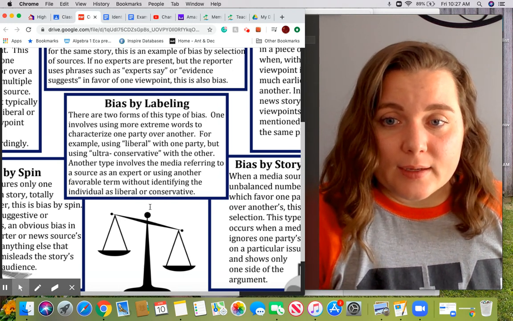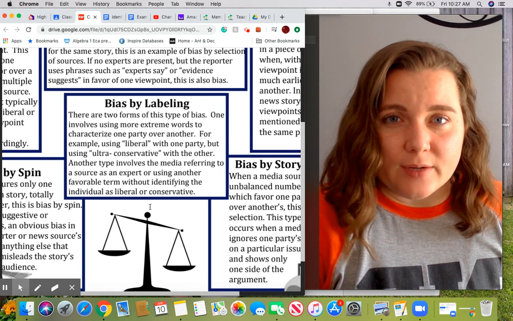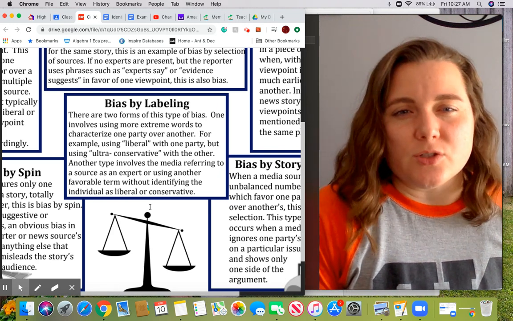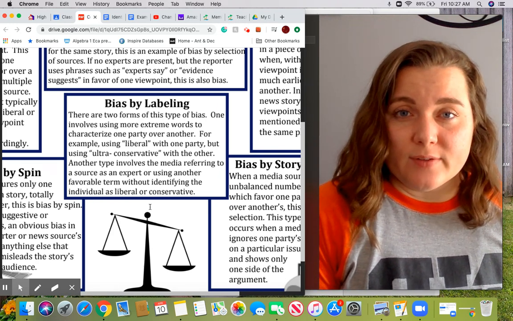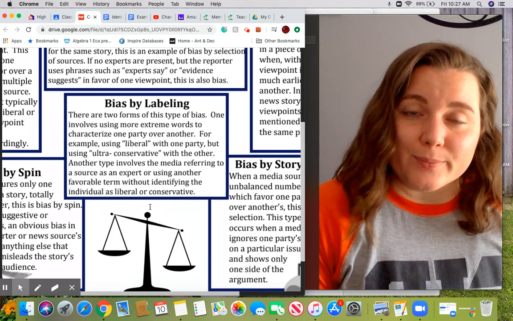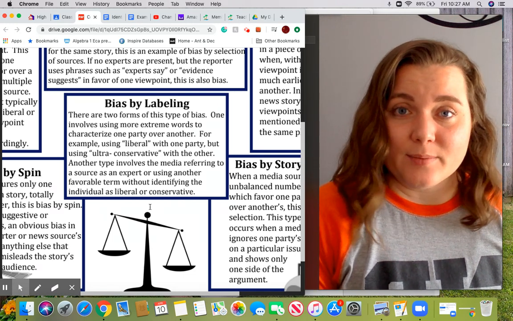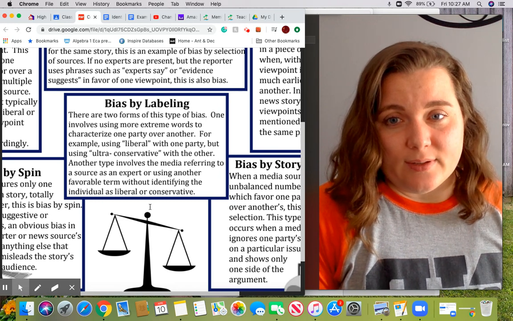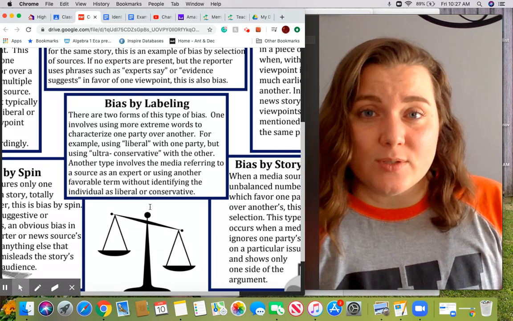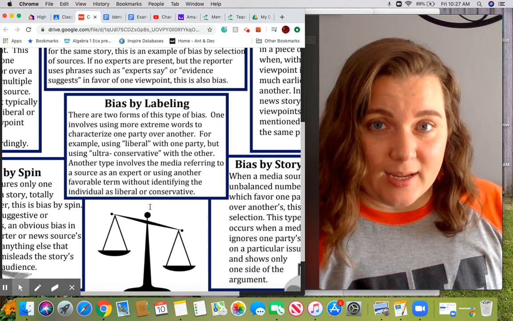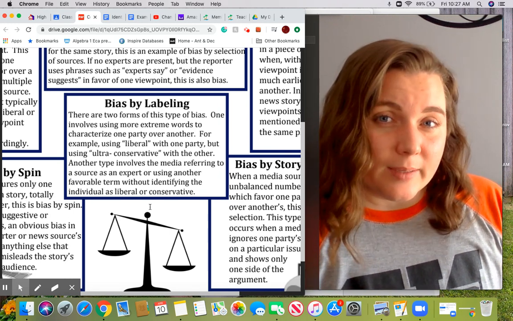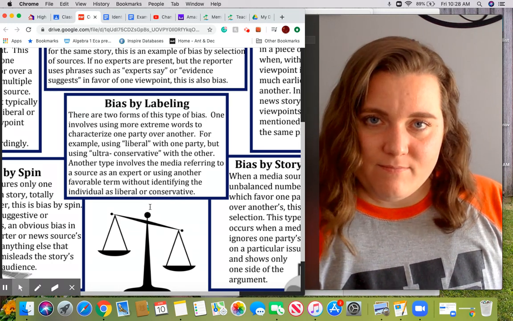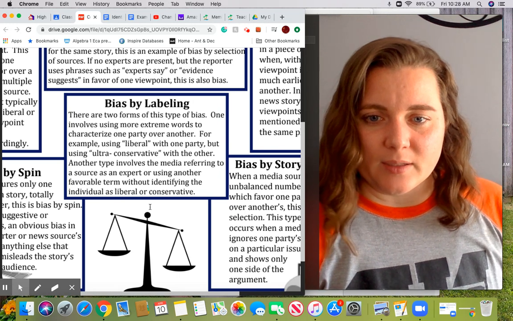But let's say that I lean very, very, very conservatively. So my information is going to lean towards the conservative side. That's still really biased because it does not present the liberal point of view. It's only giving that one side, and I'm using that in the name of an expert. So that one's a little bit harder to see, but typically if you're being called a name, that is bias by labeling.